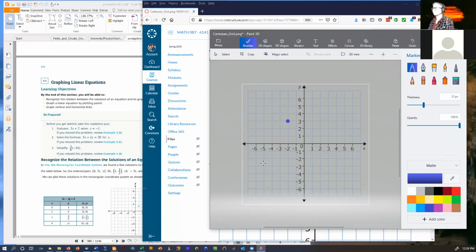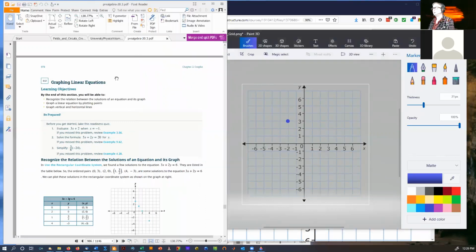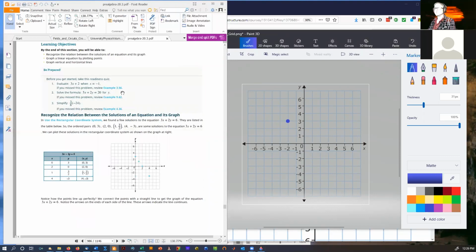Okay, so anyway. What we're going to work on today is graphing linear equations. We call them linear equations because they will graph out a line, a straight line. And so when you see something like this, where an equation looks like 3x plus 2y equals 6, that's called a linear equation because it will be a straight line.